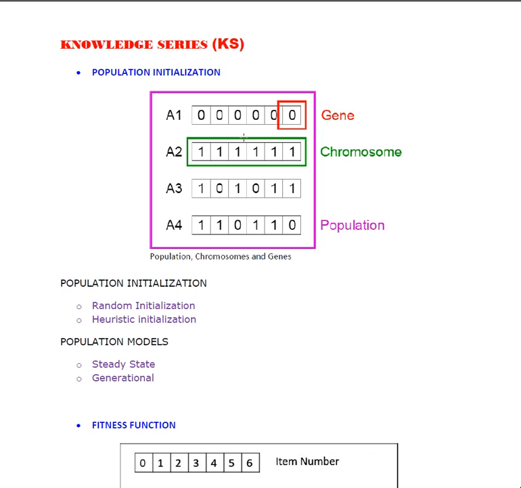In the case of random initialization, we go for initialization with a completely random solution. So randomly we take the value and initialize with it. The second is heuristic initialization. Heuristic initialization is based on the previous values or the previous data, where we analyze that, okay, this is the result.